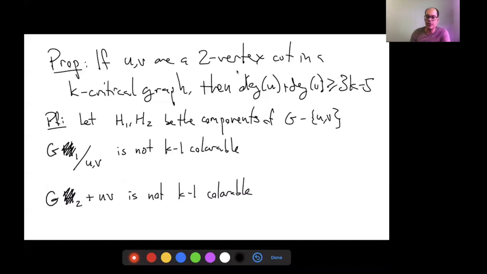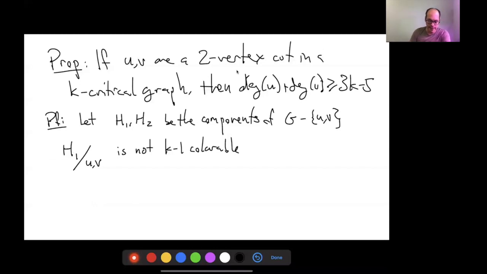Remember, G2 is the one where u and v are required to have the same color, right? If a k minus 1 coloring gives them the same color and you add an edge, you can't k minus 1 color it anymore. And similarly with the other case. All right. These are G's, excuse me.